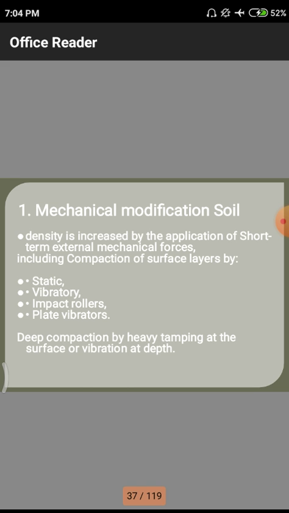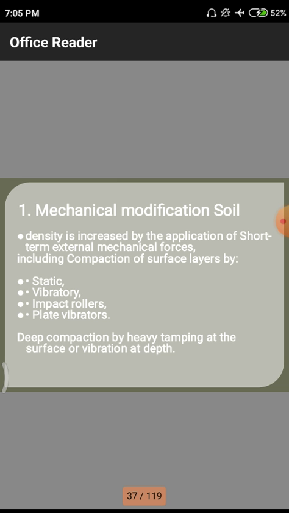First, we have the mechanical modification of soil. In mechanical modification we mainly have these kinds of vibrators. What is a vibrator? A vibrator oscillates at some frequency and moves over the soil strata.